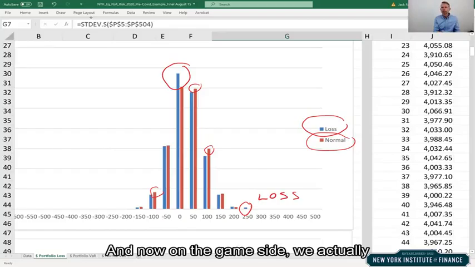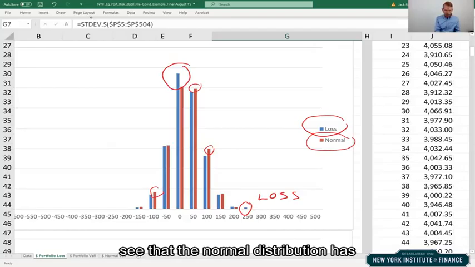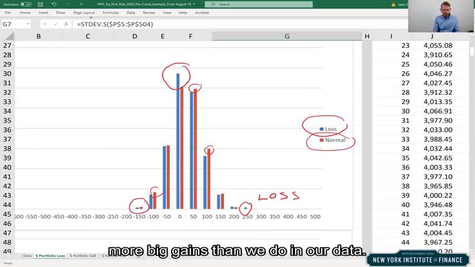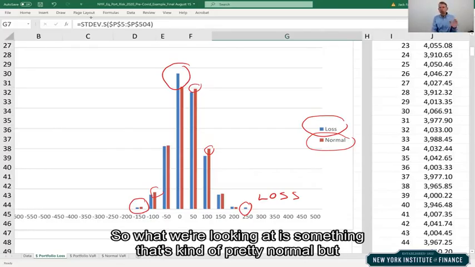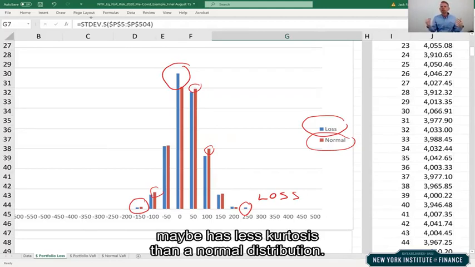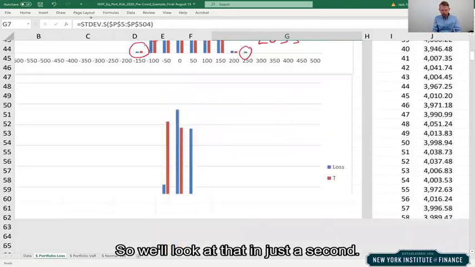And now on the gain side, we actually see that the normal distribution has more big gains than we do in our data. Okay, so what we're looking at is something that's kind of pretty normal, but maybe has less kurtosis than a normal distribution. So we'll look at that in just a second.